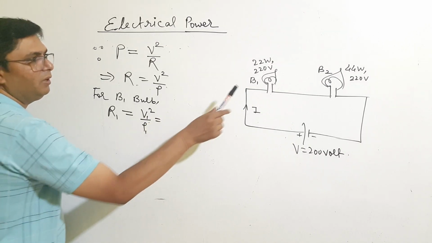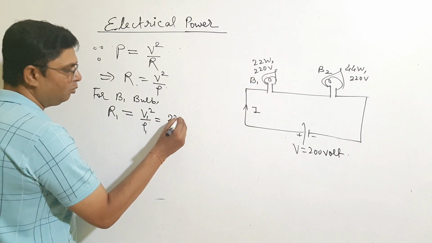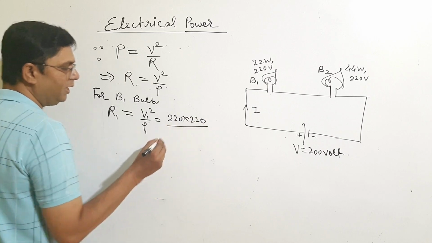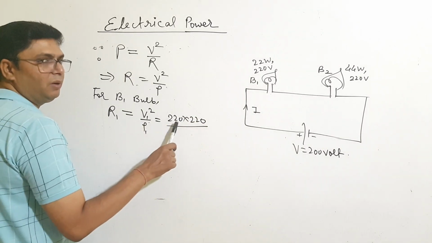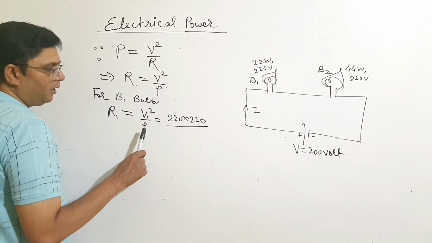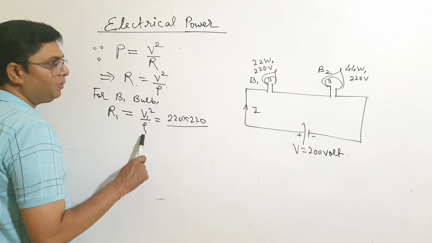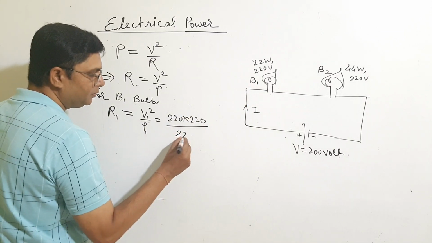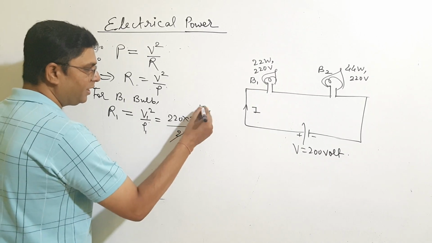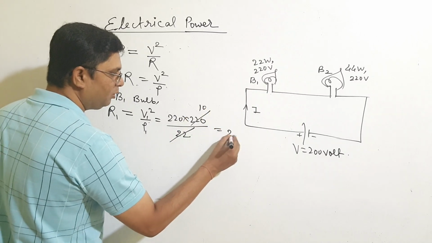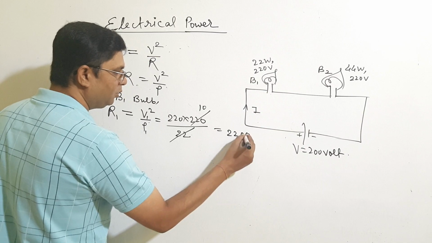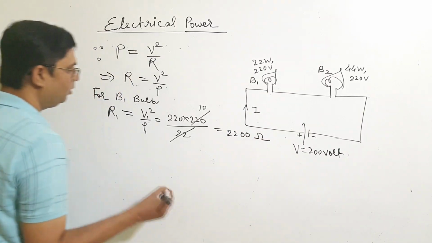V1 is 220 volt, so we write 220 into 220, because it is squared. P1 is 22. Dividing, the answer comes out to be 2200 ohm.